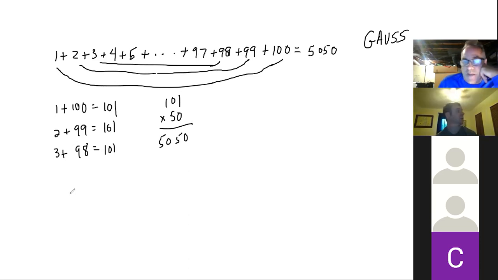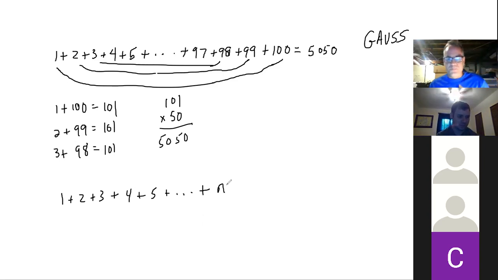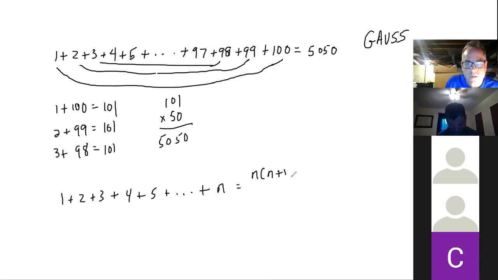When Gauss was about 20, he figured out that if I add up consecutive counting numbers starting at 1, up to any counting number n, I could take that last number and put it in this formula, and that will be the sum.